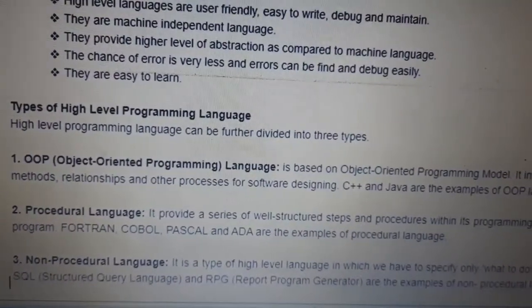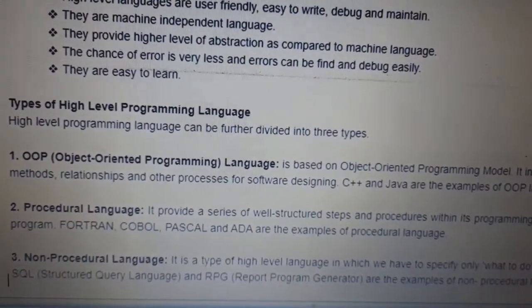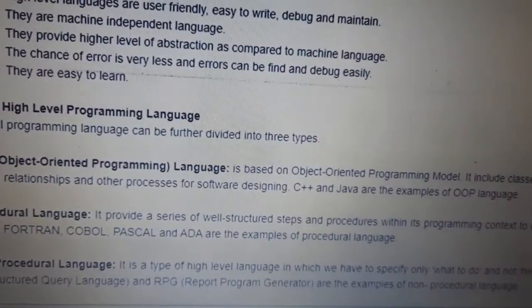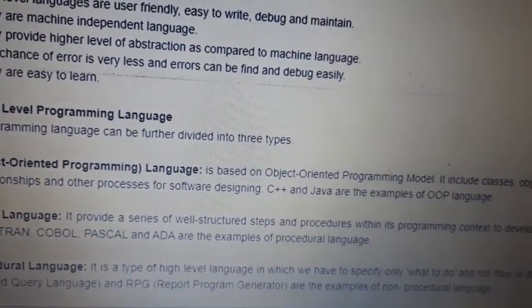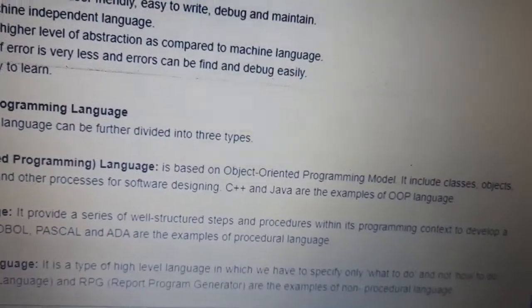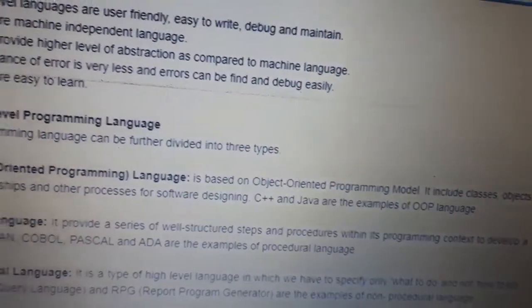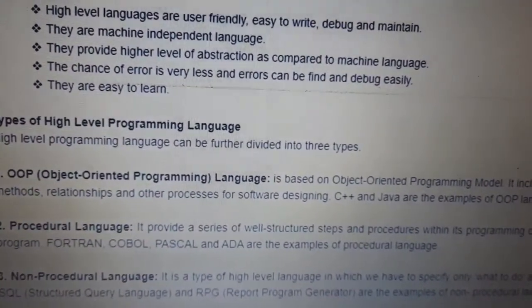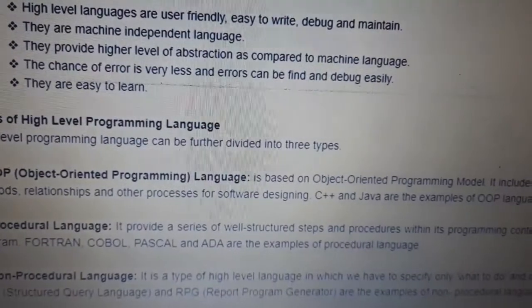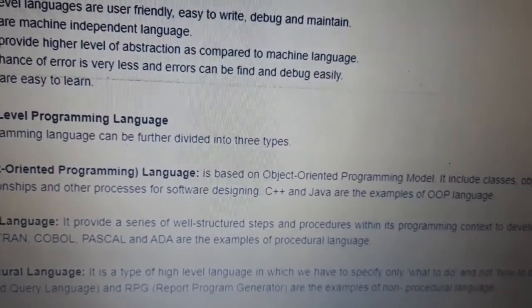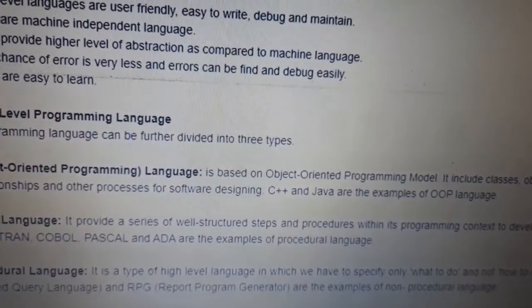And number 3, non-procedural language. It is the type of high-level language in which we have to specify only what to do and not how to do. SQL means structured query language, and RPG means report program generator, are the examples of non-procedural language.